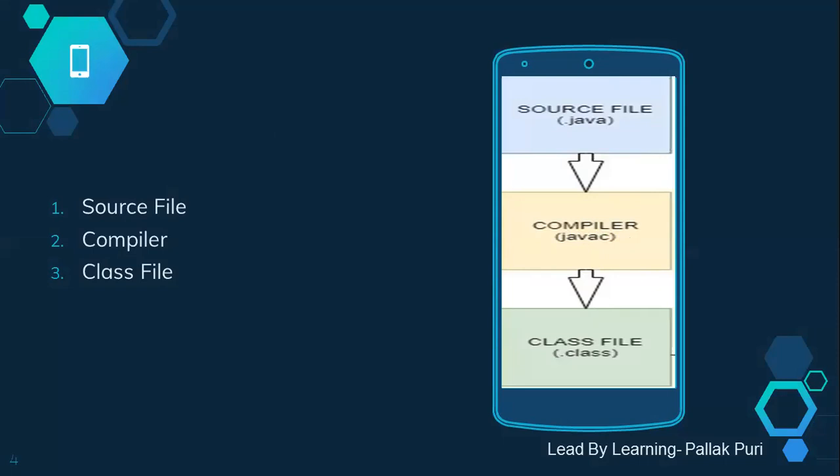This class file basically contains bytecode. So say if I have a test.java file and I feed that test.java file into the javac compiler, this compiler will compile it and produce the test.class file, which contains the bytecode.